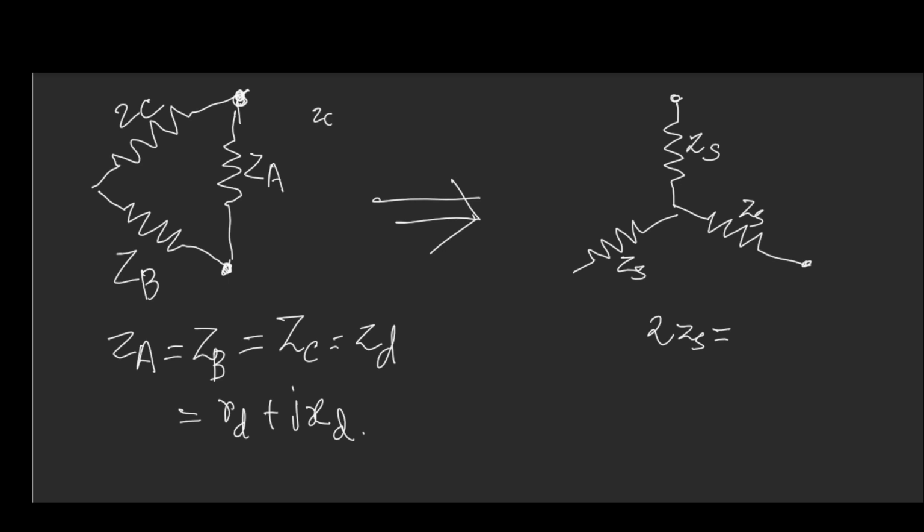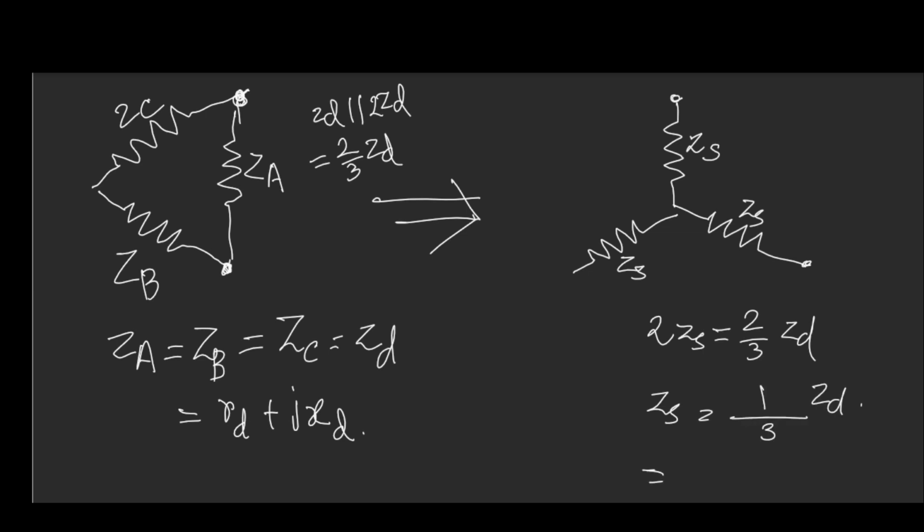It is ZT parallel to 2 ZT, that is 2 by 3 ZT. So 2 ZS is equal to 2 by 3 ZT, that means ZS is equal to 1/3 of ZT. That means RS is equal to 1/3 of RT, and XS is equal to 1/3 of XT.